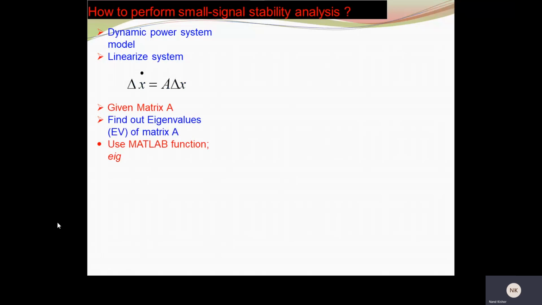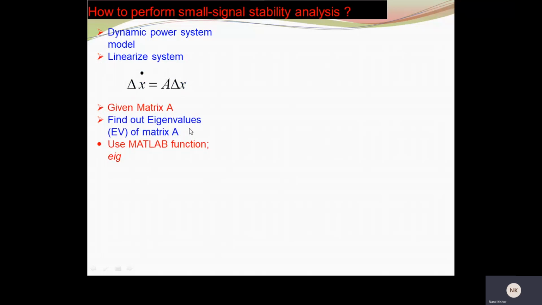And with the linearization, we actually mean that we are able to obtain first order differential state variables, which will be represented as a state space, you can say here. So the first order differential of the state is equal to A into del X. And with this A matrix given, it is possible to determine the eigenvalues here.